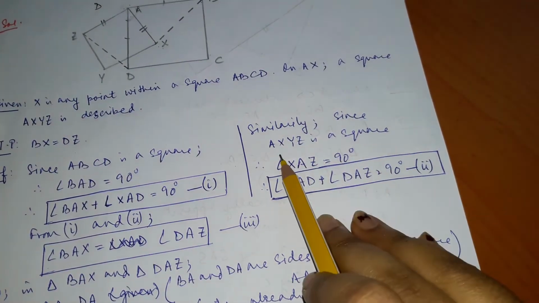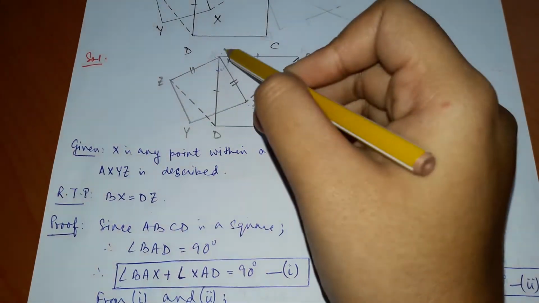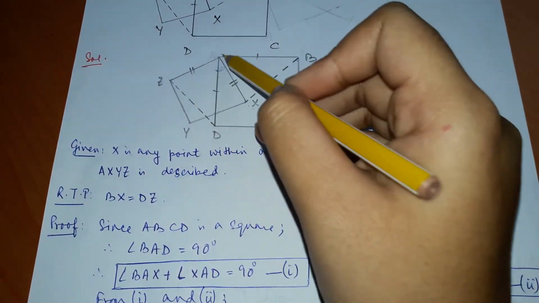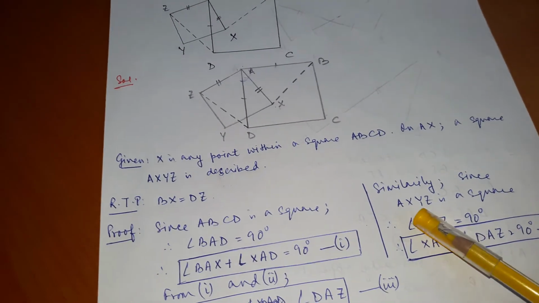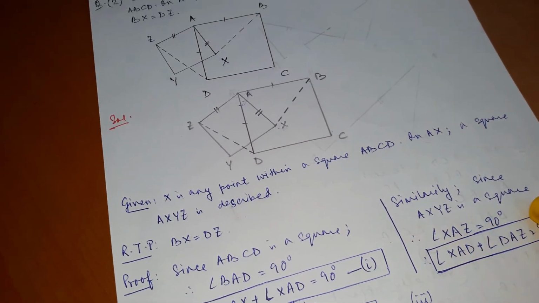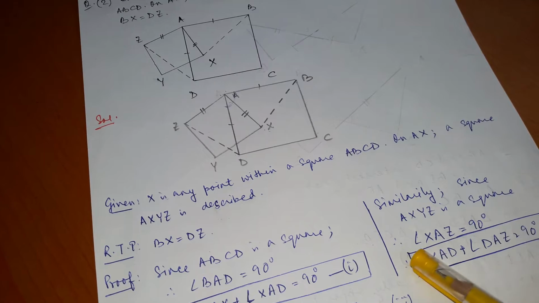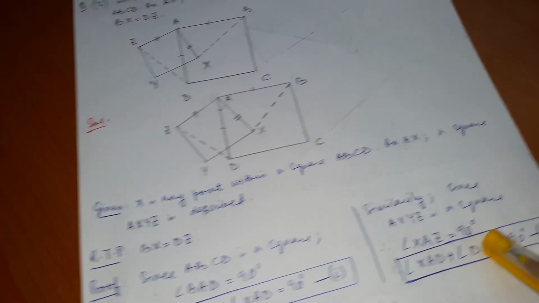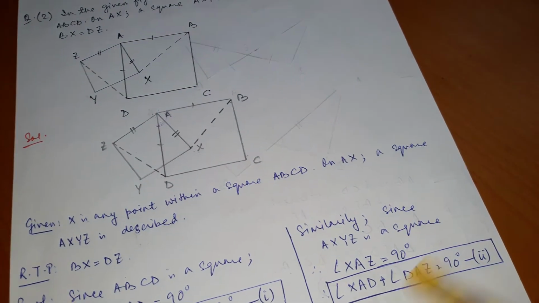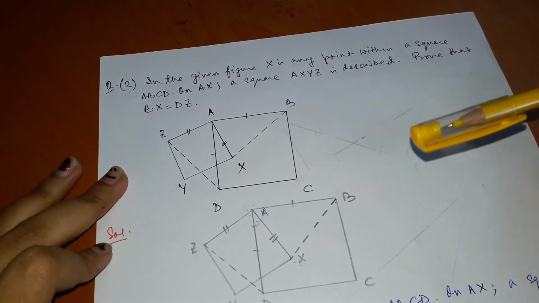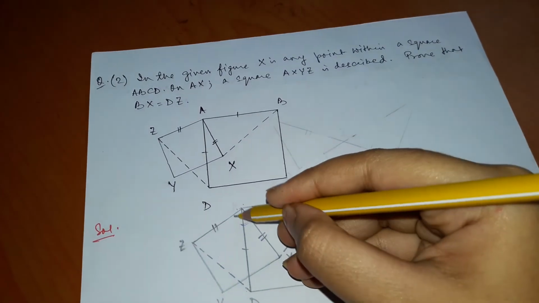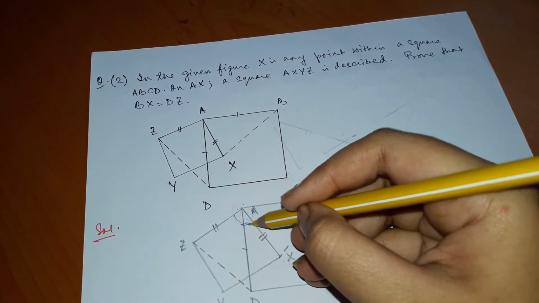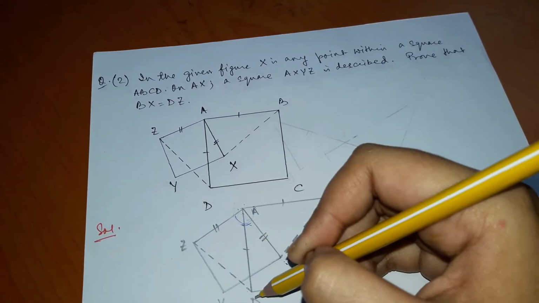Similarly, since AXYZ is a square, we can say angle XAZ equals 90 degrees. Therefore, angle XAD, look at the picture, angle XAZ means this full angle. Now this angle is basically the sum of angle XAD and angle DAZ.